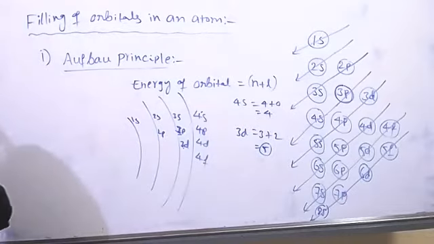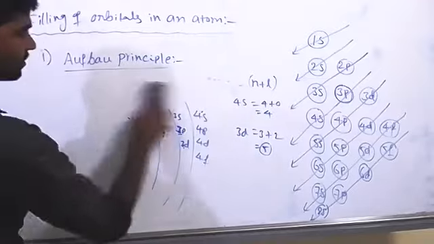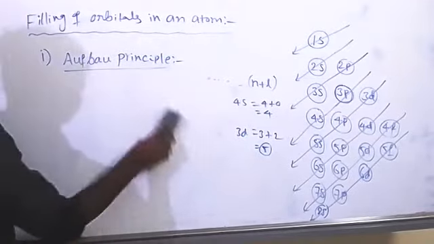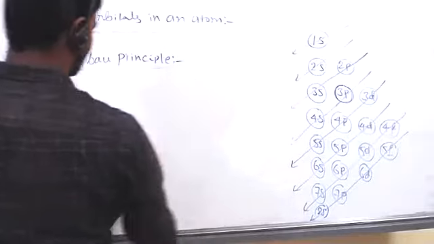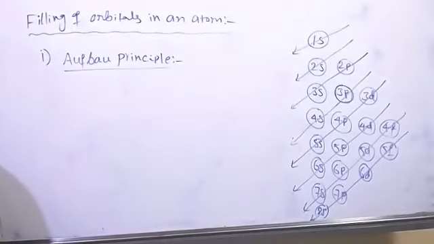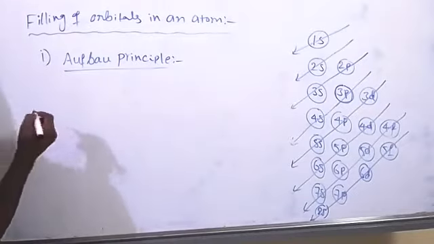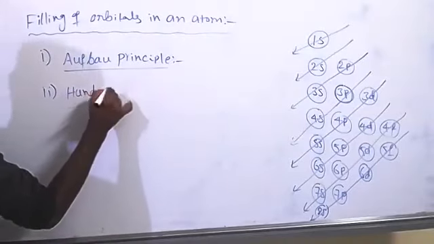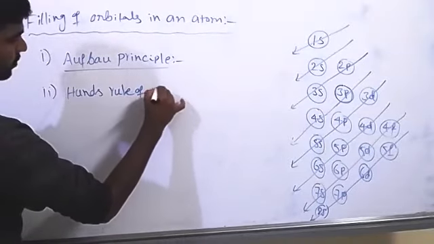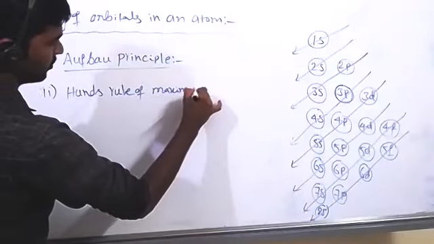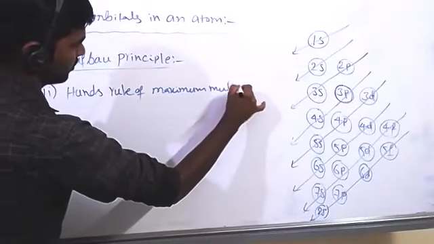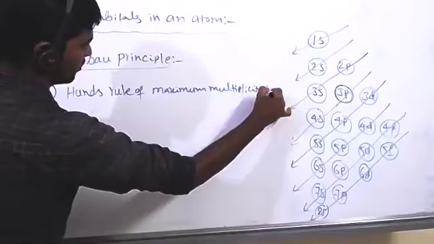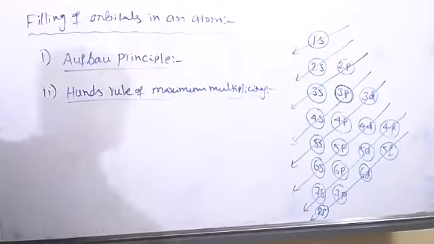Okay, then the second rule is Hund's rule of maximum multiplicity.